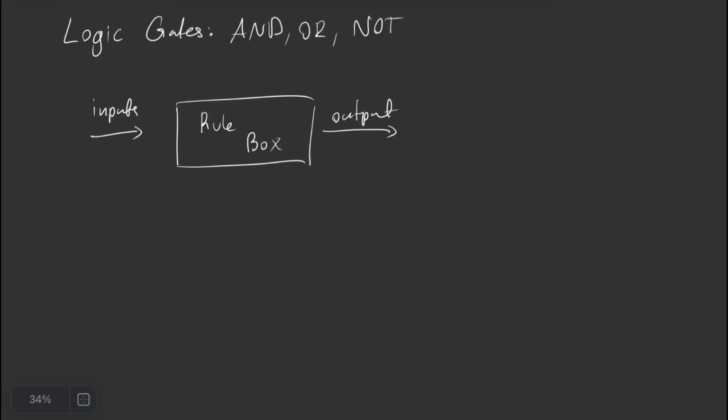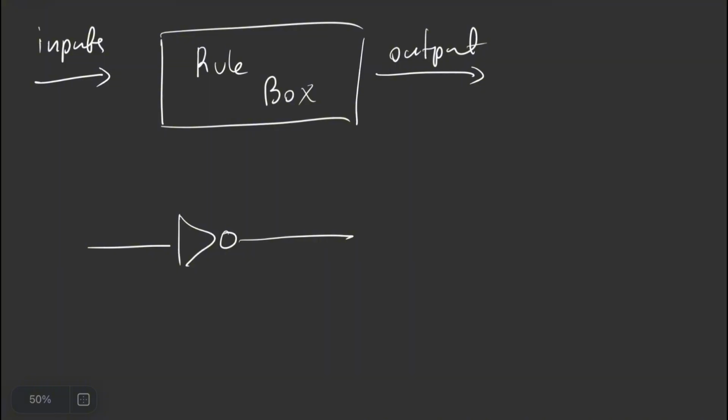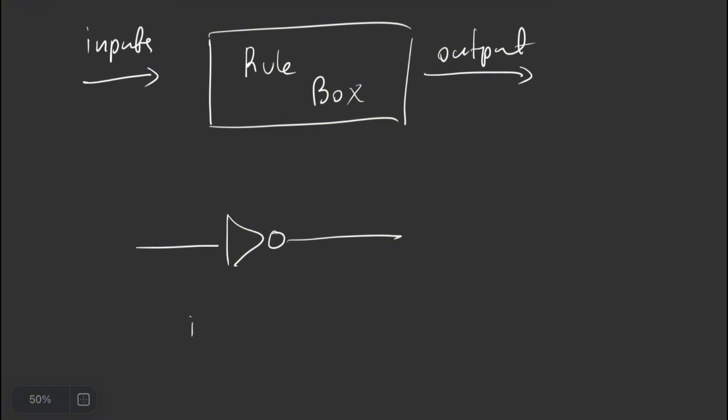So let's start with our first gate, which is a NOT gate. A NOT gate is also known as an inverter because what it does is it flips binary values. If you input a 0, it'll output a 1. If you input a 1, it'll output a 0.